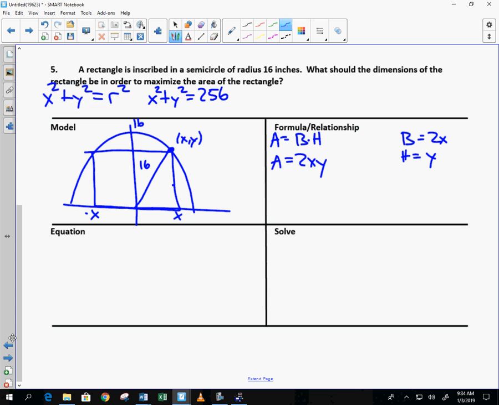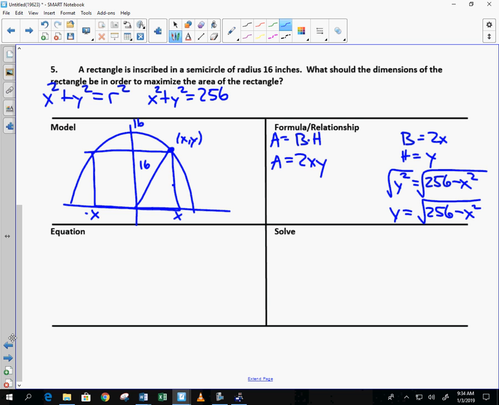You told me that h is y. Can I now figure out what y is? I can. I have y squared is equal to 256 minus x squared. Square root both sides. Y is equal to the root of 256 minus x squared.